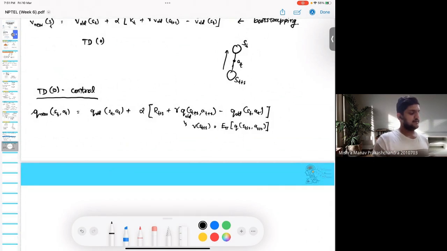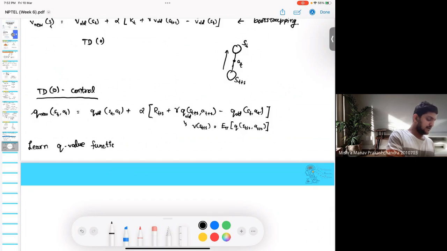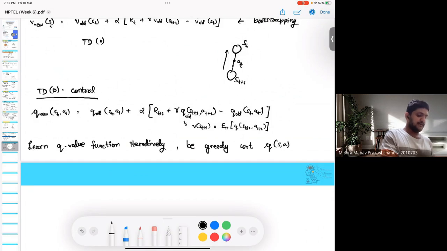Once this is done, all you need to do is learn the Q value function iteratively and then be greedy with respect to Q of S, A. So this is the TD control approach for this kind of problem. Instead of the V function, you make an update over the Q function.